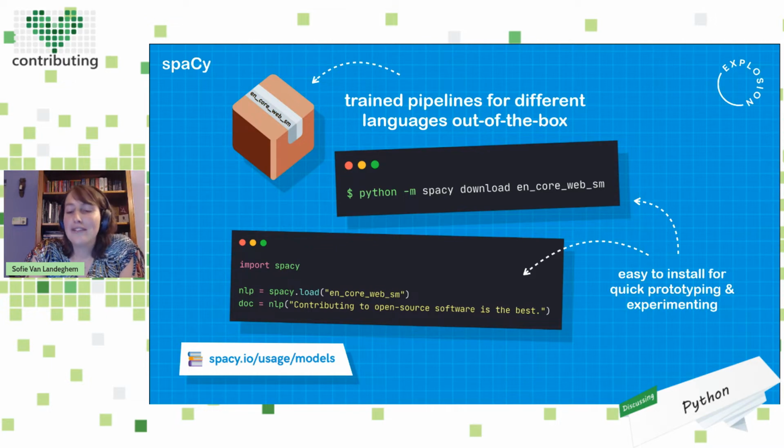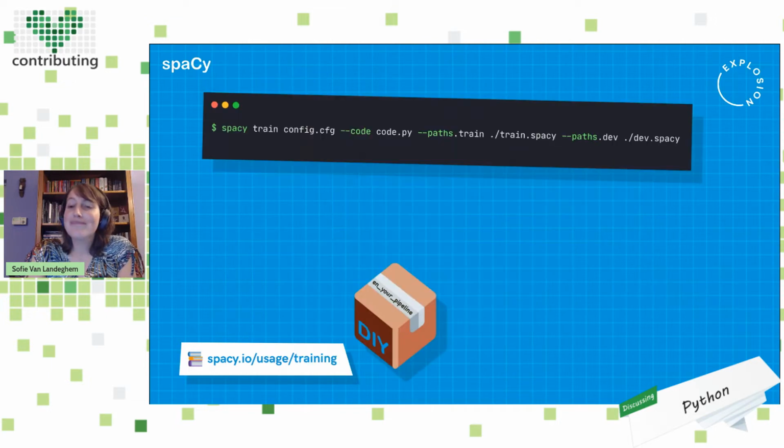And that means you'll probably want to do the second thing as well, as you dive deeper into NLP, and that is train your own pipeline. This is one of the first things that is very different in spaCy 3 as opposed to the previous version, spaCy 2, the fact that we've created this spacy train CLI command that is really powerful.